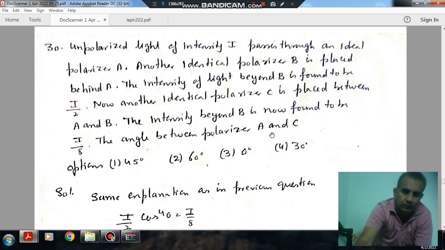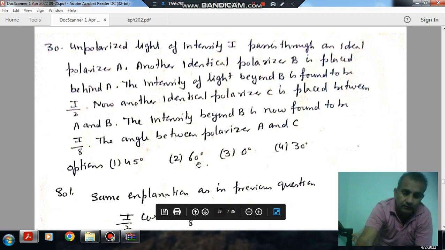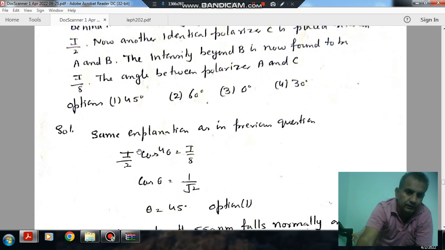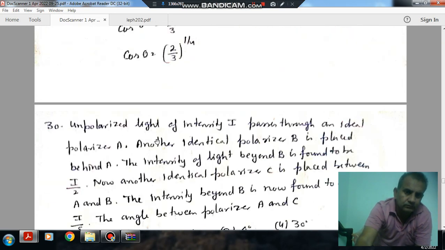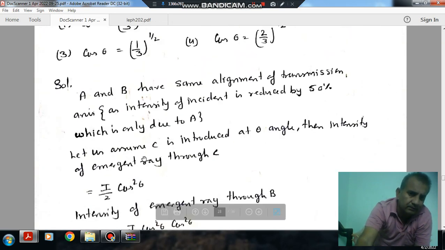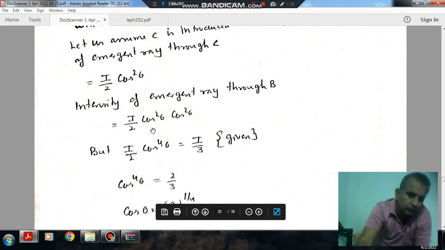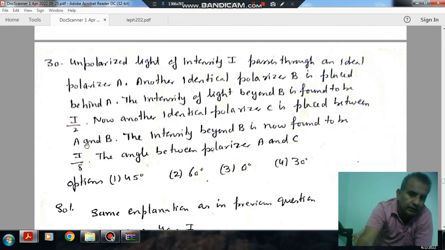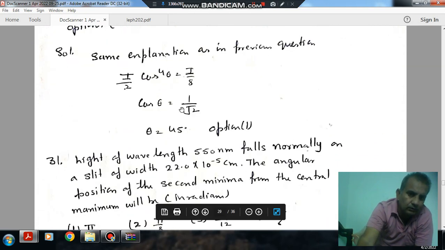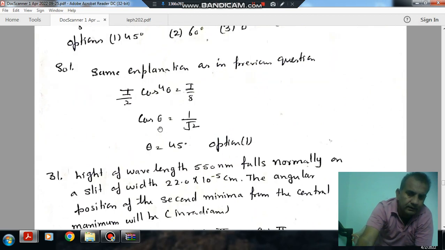The angle between the polarizers A and C is: option 1, 45 degrees; 2, 60 degrees; 3, 0 degrees; and 4, 30 degrees. The explanation is the same as in the previous question, using the last formula I by 2 cos 4 theta is equal to I by 8. From this we get theta is equal to 45. Option 1 is the right one.